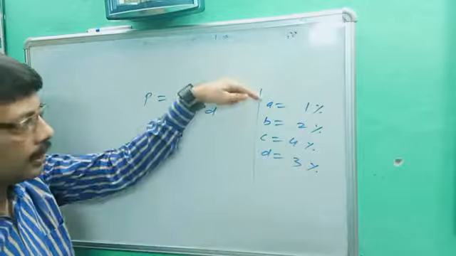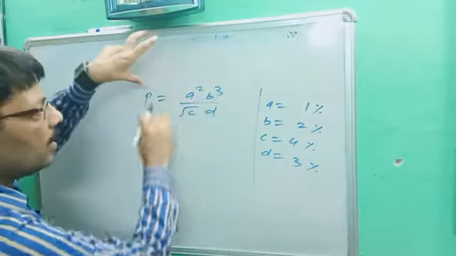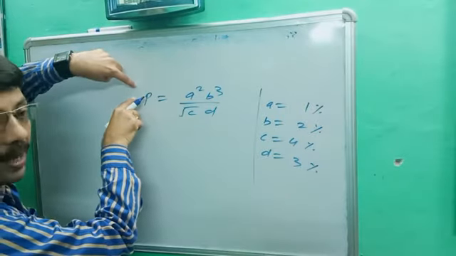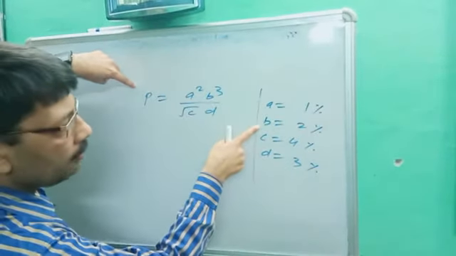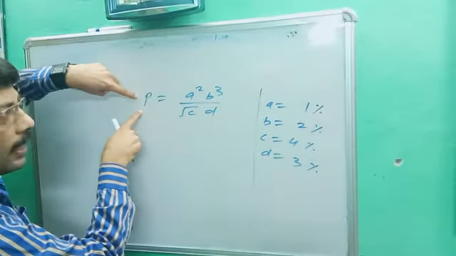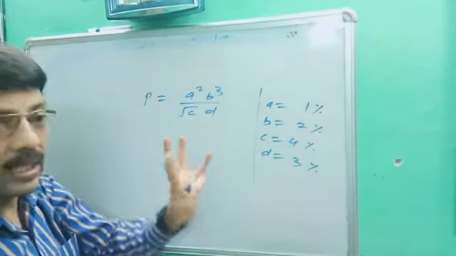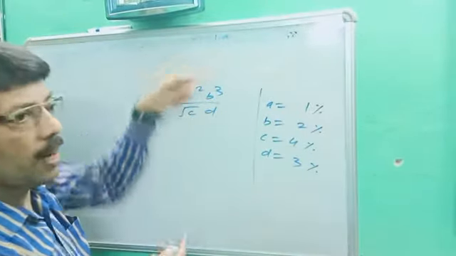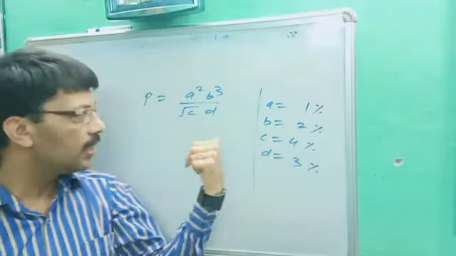These are the errors in a, b, c, d. So the combined effect of a, b, c, d will go into the error of P. Very, very important. So the combined effect of all these errors will go into the error in P. So three topics will be covered here: multiplication, division, as well as power. So three questions are already solved by that example.